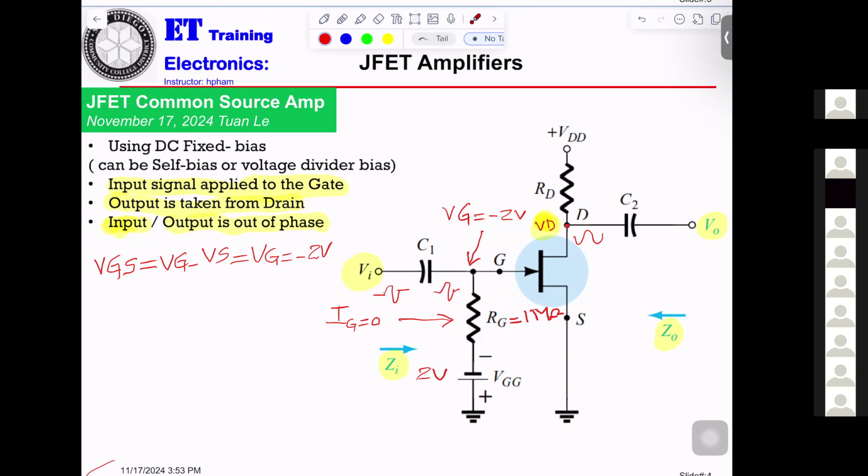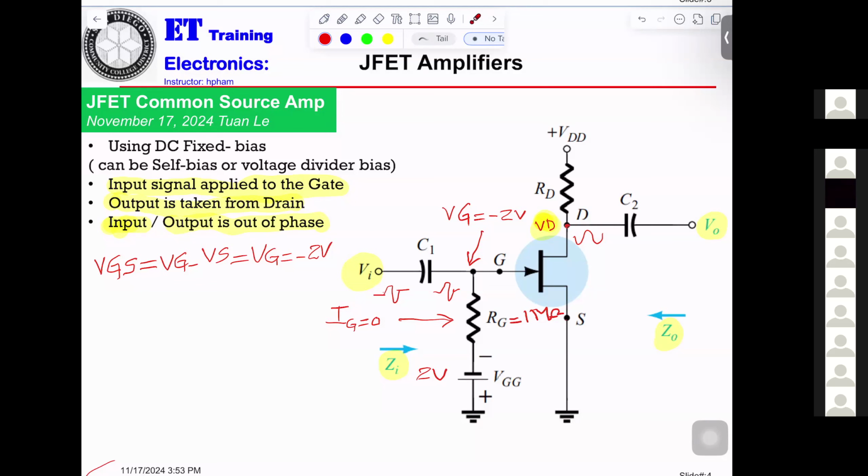And the output impedance, when we draw it, you can see. However, up to this point, any question about the common source amplifier? Yeah, Mr. Pham, does it have a gain? What? Does this amplifier have a gain? Yeah, we're not going to calculation yet. Oh, okay. Right now, what I expect is that when you see the amplifier circuitry, you have to say this is a common source amplifier.